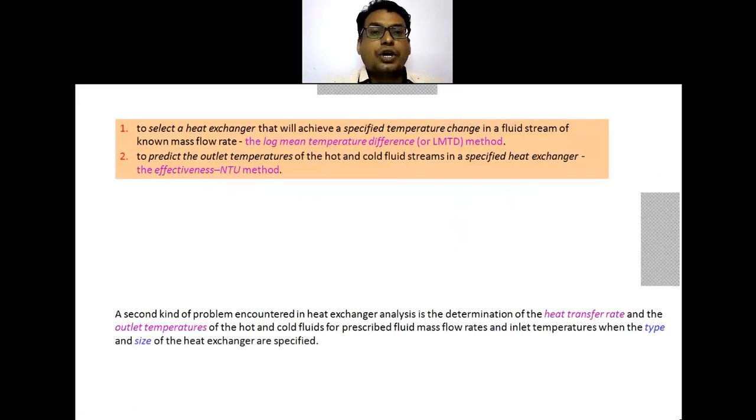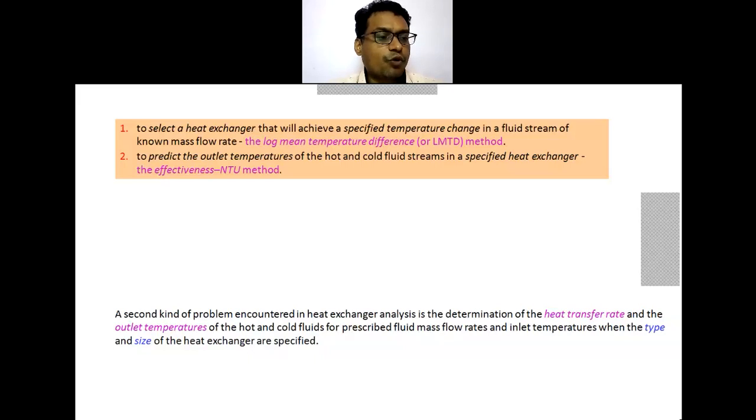The first is to select a heat exchanger that will achieve a specified temperature change in a fluid stream of known mass flow rates. That means you know the mass flow rates and the temperatures. This is the log mean temperature difference method.